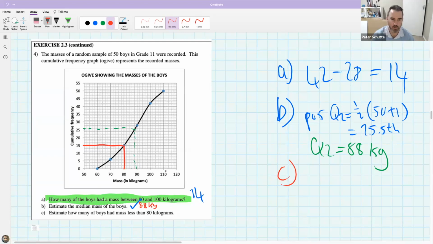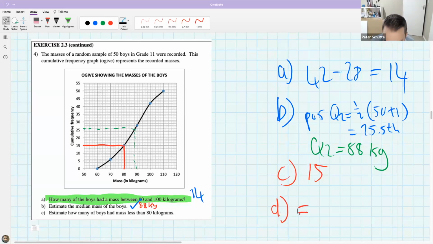Okay, be careful how the question is phrased. So it says less than 80. So this isn't as difficult as the one I just gave now. This is just saying what goes with 80, it's 15. And we know that 15 boys are going to weigh 80 kilograms or less. So that would be 15.